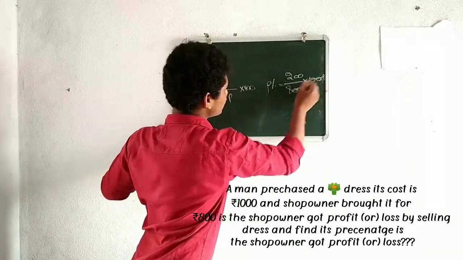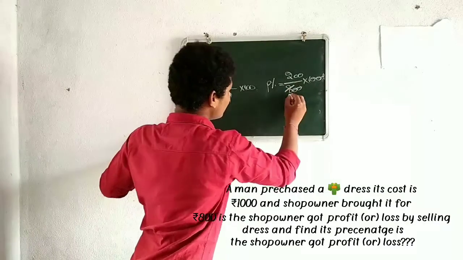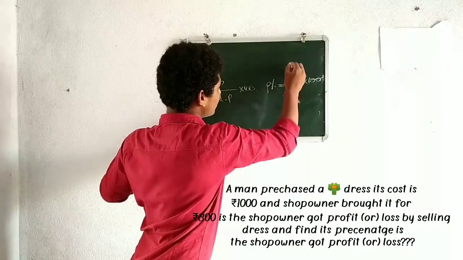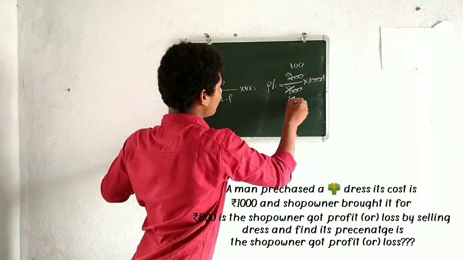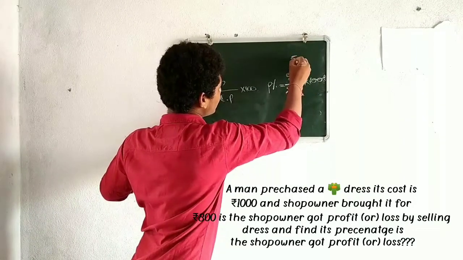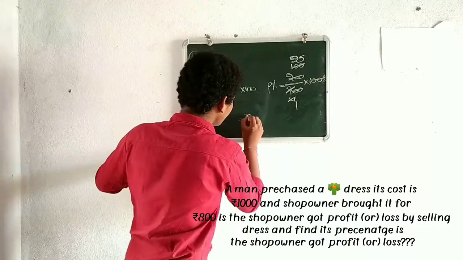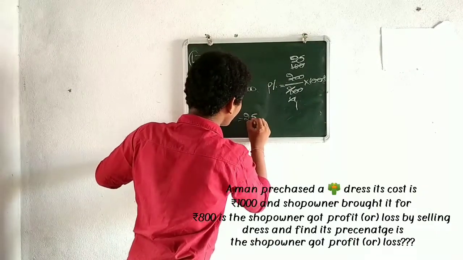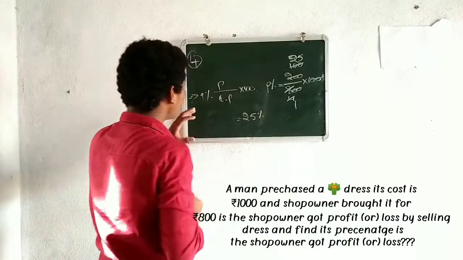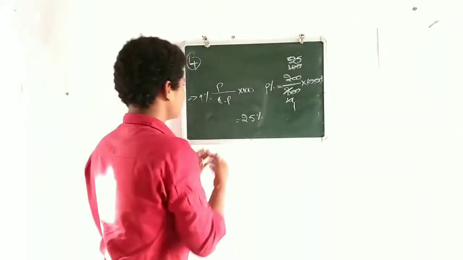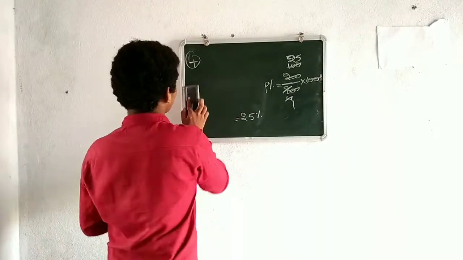Cut 2 zeros, 2 zeros. 2 fours are 8, 4 twenty-fives are 100. Here we got 25 into 1, simply 25. He got 25% on the object he purchased.